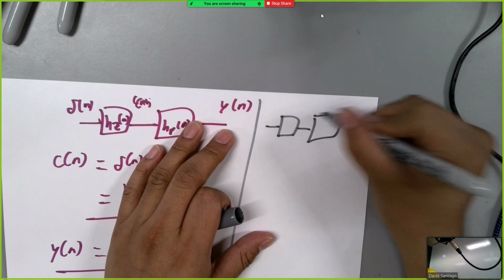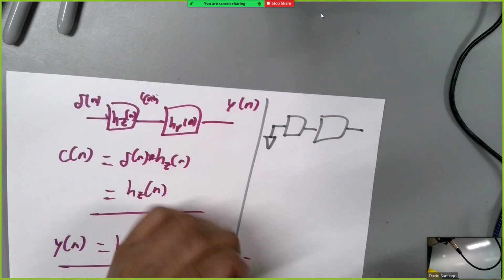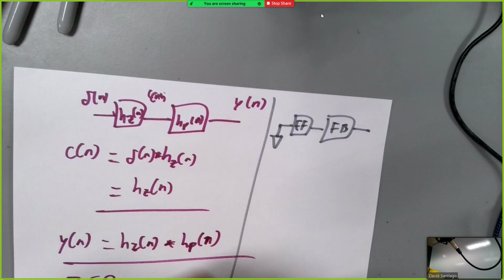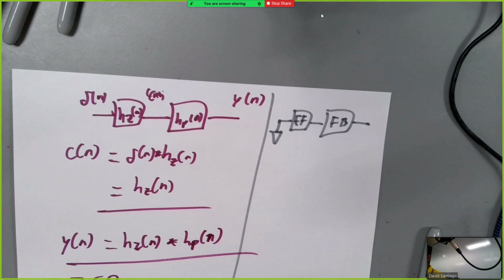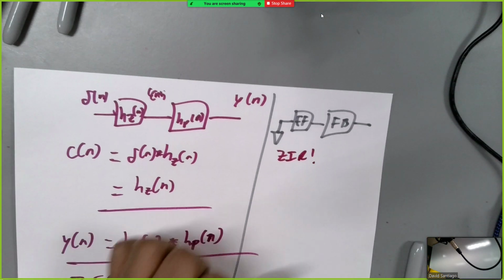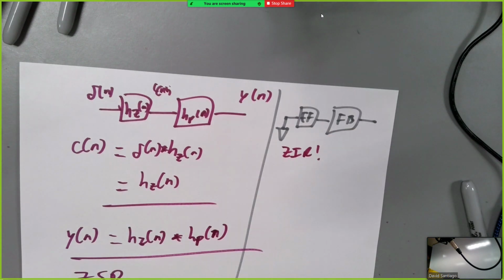Okay, how do you get that total response? So suppose he gives you this. What does that mean? What are we doing here? Zero input response. Okay? We ground the input. What's that mean?